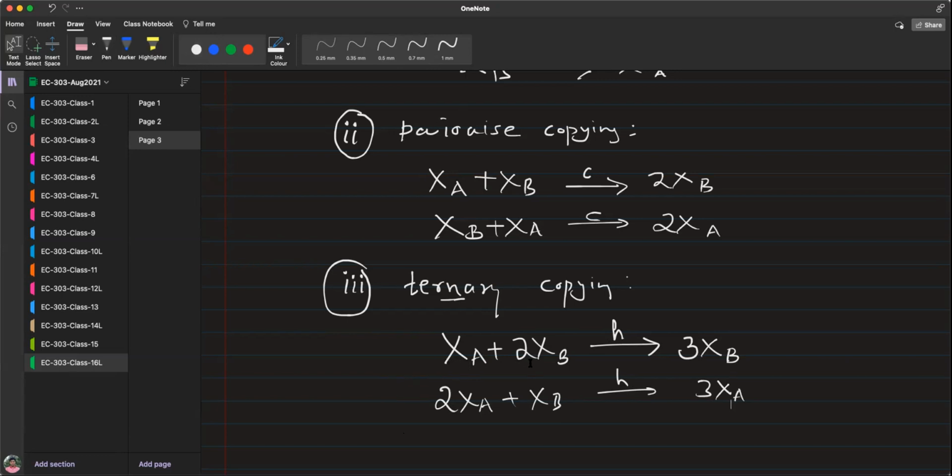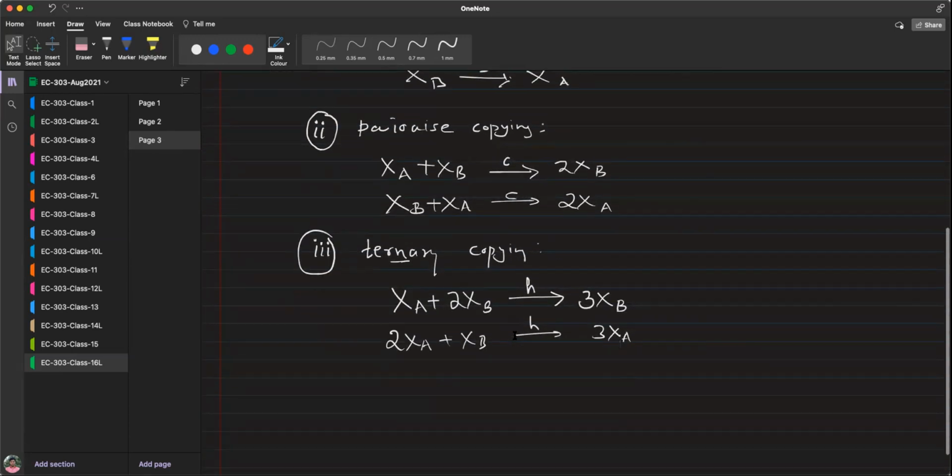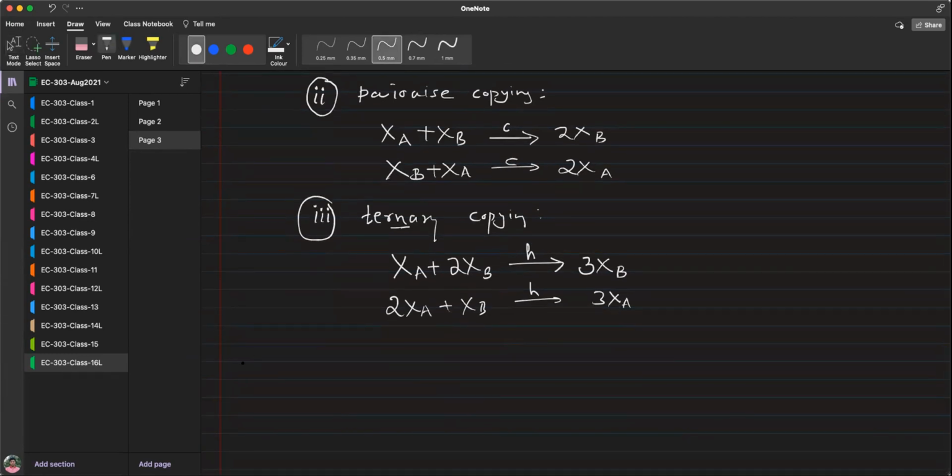Is that reasonable to say here? Minority copies the behavior of the majority. So this is the set of rules I have now defined, a new set of rules. This is the assignment for today.